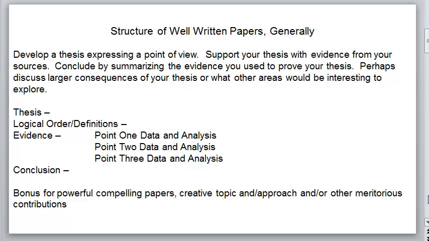If you're writing a research paper, you may have a lot longer. If you're writing a 7 to 10 page paper, which is what is generally assigned in our college, you may spend 2.5 pages on point 1, 2.5 on point 2, and 2.5 pages on point 3.